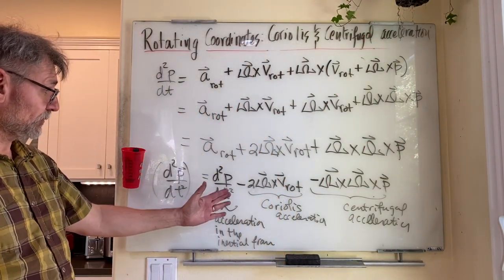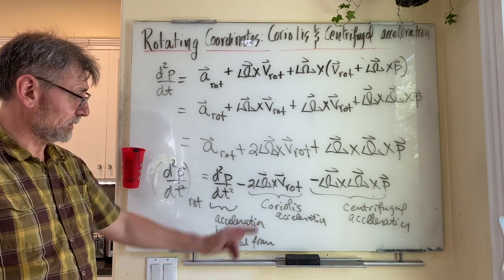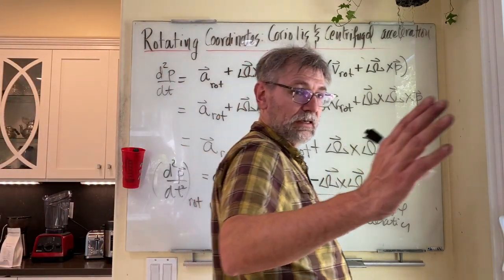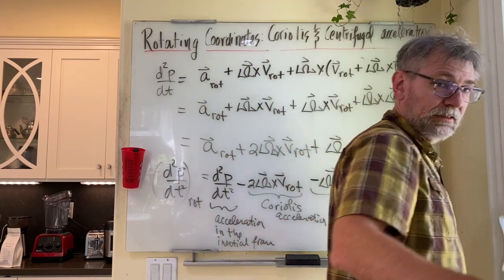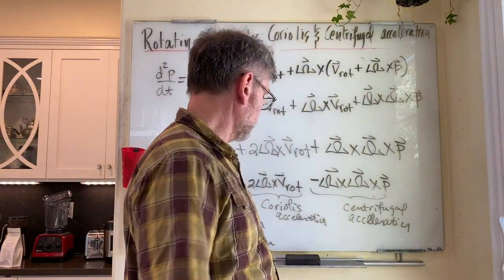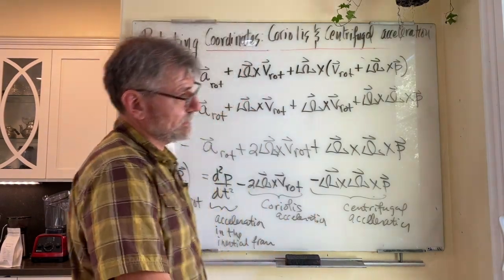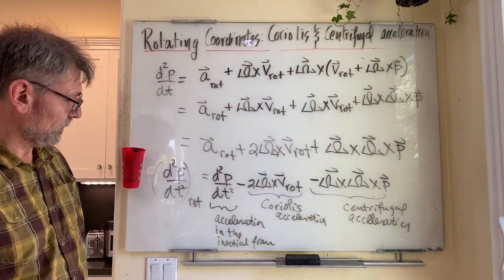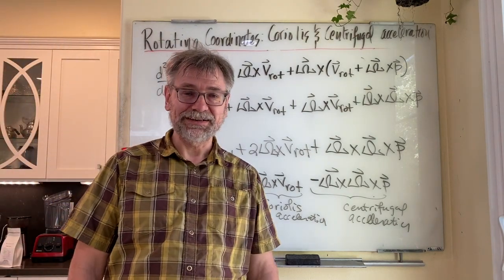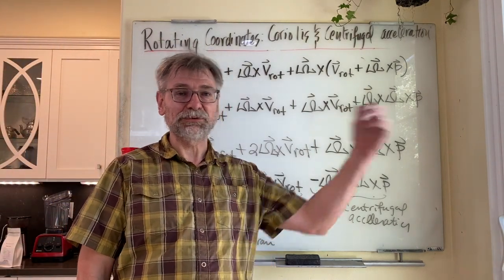That's in the northern hemisphere, because I picked omega to be that way. So if I'm walking in this direction, there's going to be a Coriolis acceleration pushing me perpendicular to the direction I'm going, to the right in the northern hemisphere. To the left in the southern hemisphere, because I'm going to be upside down on the other side of the Earth. Okay, that's long enough for the acceleration of centrifugal and Coriolis. Let's stop.